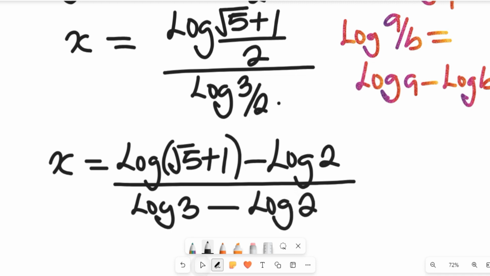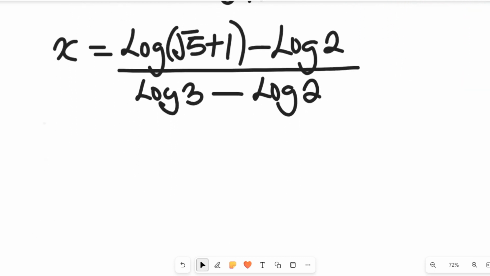Log of 2. Now let's simplify root 5 plus 1. Root 5 is going to give us 2.236, right?